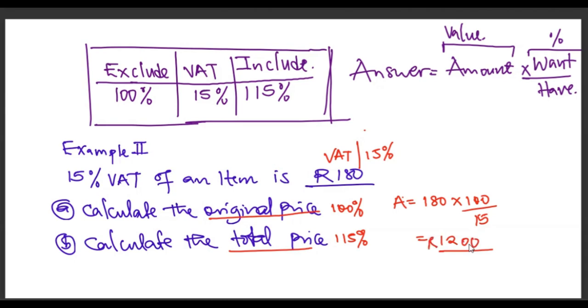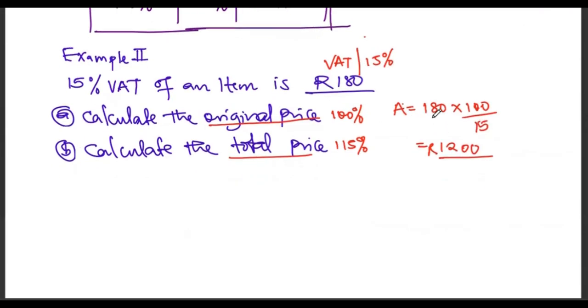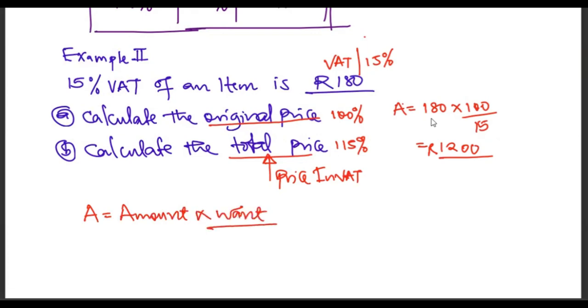If you're looking for the total price, which means we are looking for the VAT inclusive price, the price that includes VAT, still we have the same story. Our answer will equal the amount times what we want over what we have.